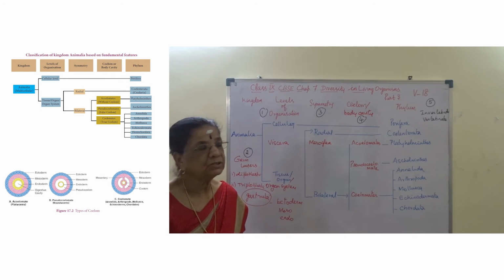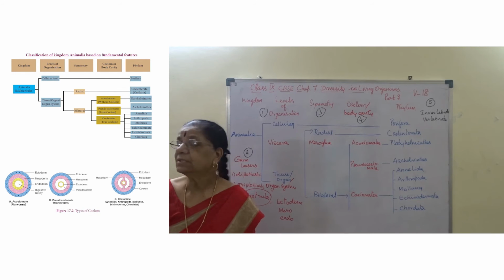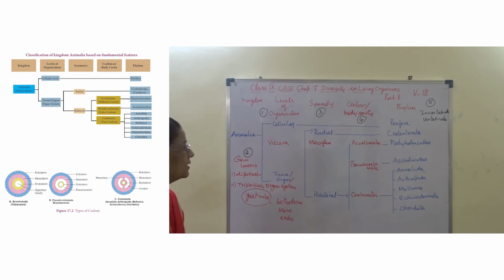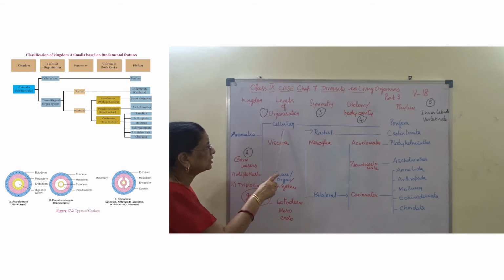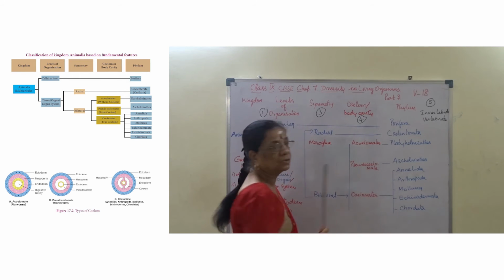If it is absent, invertebrate animals. So these are the criteria for classification. Now we say kingdom Animalia, then it is cellular or multicellular. Cellular, we have phylum Porifera.